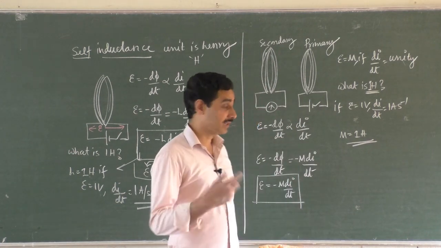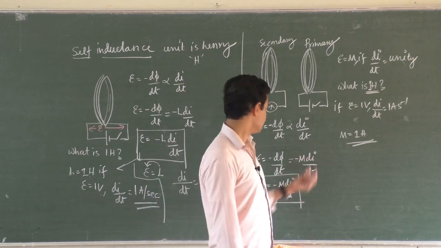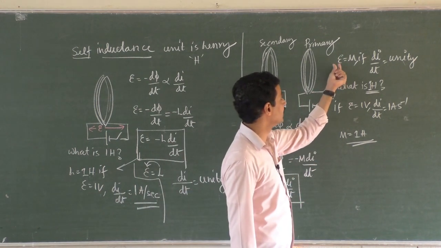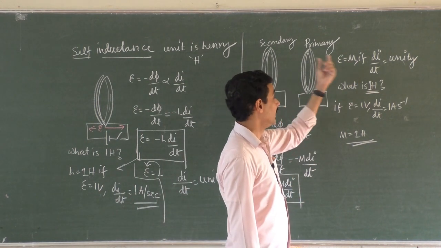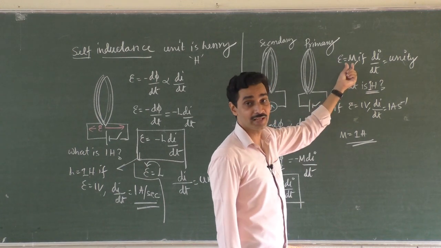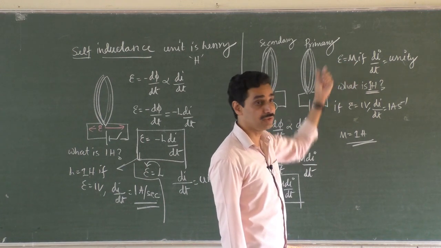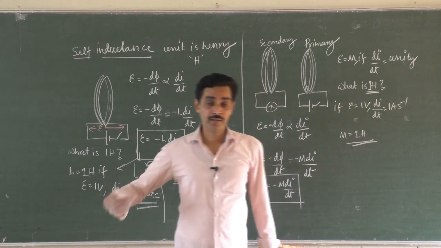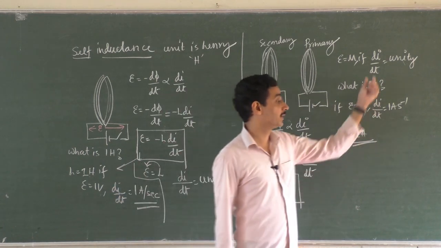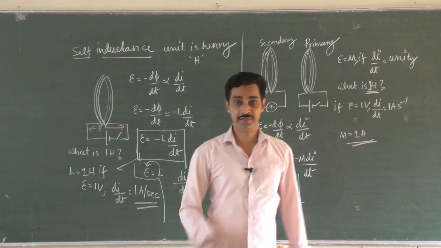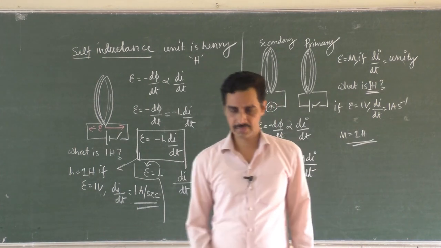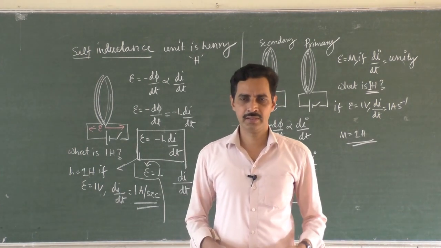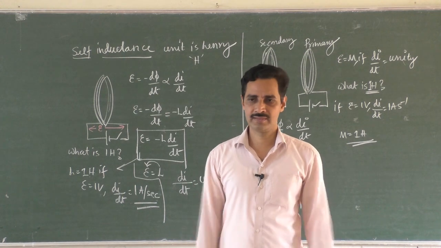Or if you want to generally define self-inductance, it is numerically equal to the EMF induced when the rate of change of current is unity. So all these definitions make us very clear what is mutual inductance and what is self-inductance.